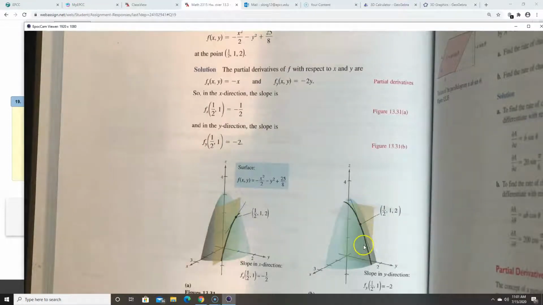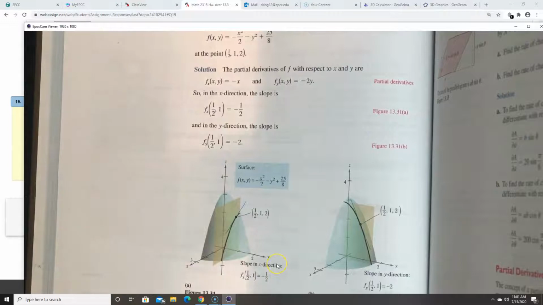In the y direction, I should say. And again, that's going downward, decreasing, and it is steeper, more in a downward fashion than this one was. And so that's why the slope is a bigger number. It's -2 versus -1/2.